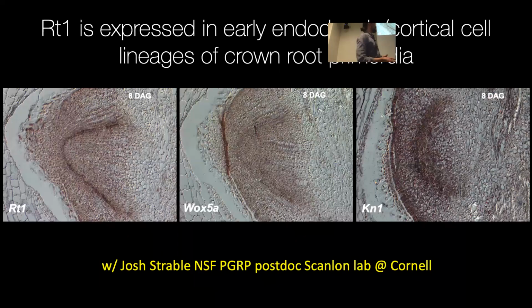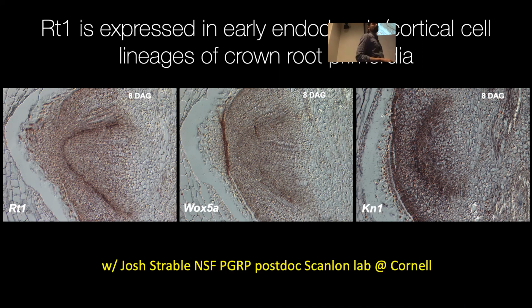A really cool finding recently: we asked, what is the actual causal developmental problem with these nodal roots? And so working with Josh Strable in the Scanlon lab, who's an in situ master, we've now found this really awesome pattern. This is a crown or nodal root primordium in an early seedling, and we can see this really great pattern here.